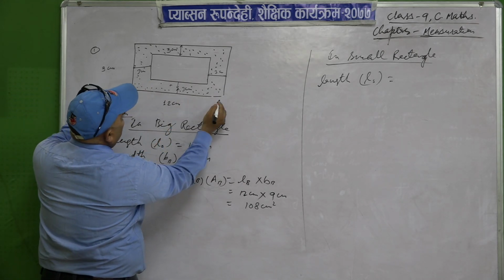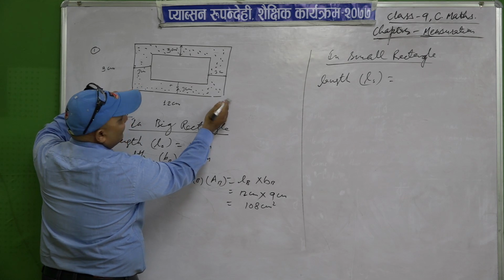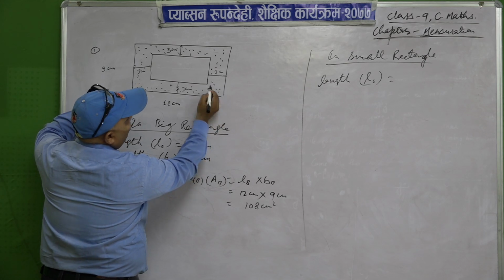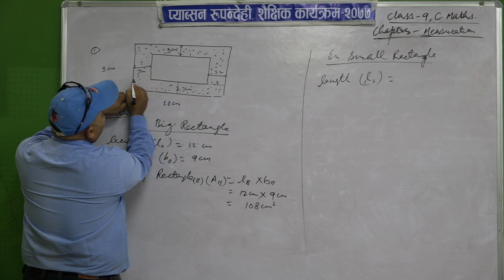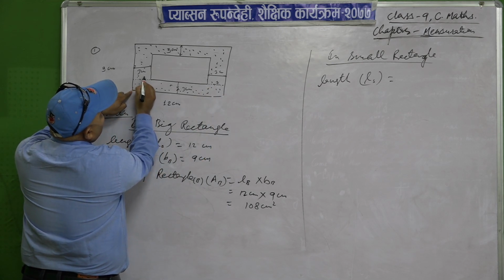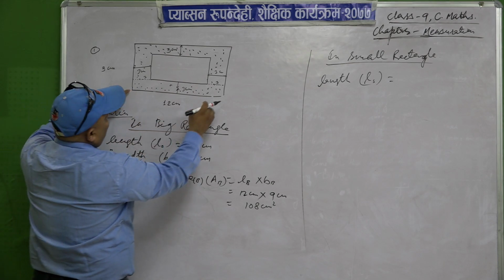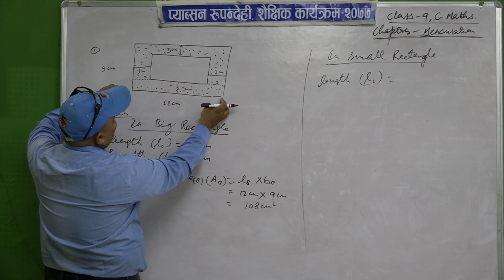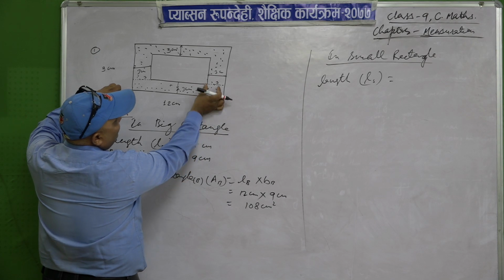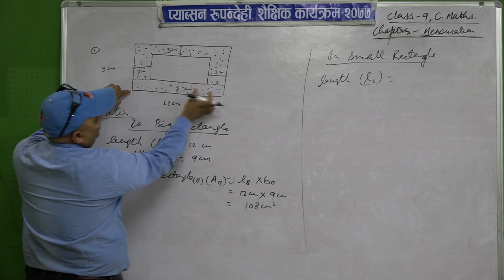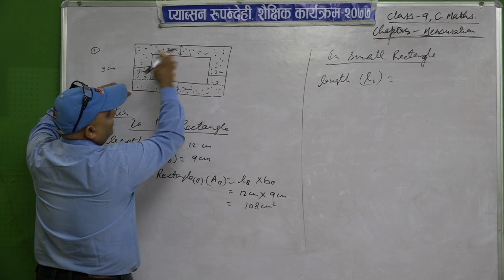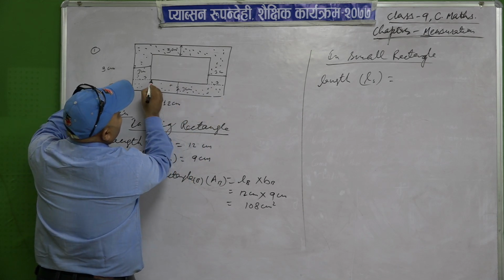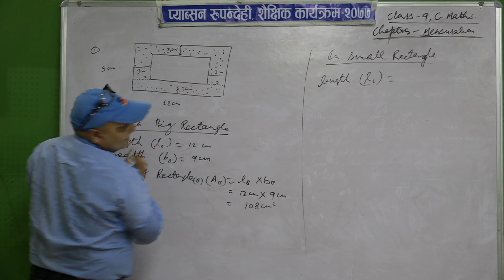Now see, this total is 12 centimeter, and from here to here it is 3 centimeter, and also from here to here it is 3 centimeter. So if we subtract these two parts from this total length of the big rectangle, we can get the length of the small rectangle.